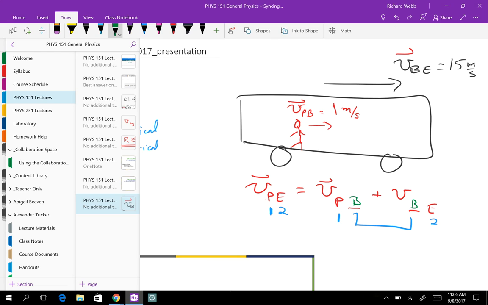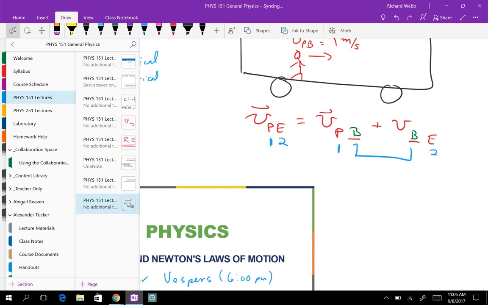And after you calculate the velocity of the ball with respect to the earth, then you have to use this addition of velocities to calculate the speed of the ball with respect to the quarterback. So step 1, calculate the velocity of the ball with respect to the earth. And then step 2, add to change reference frame.